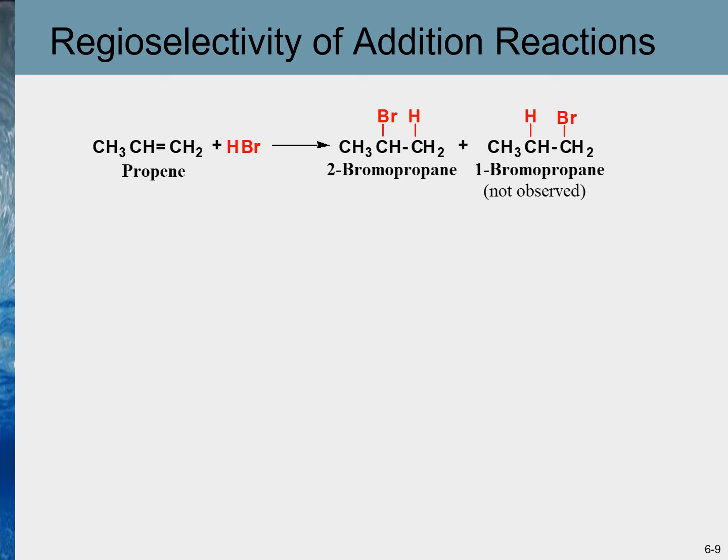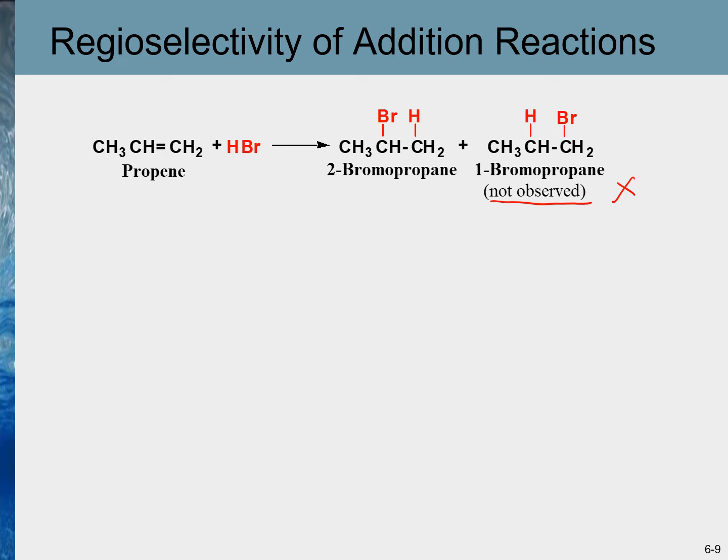So now that we know the stability of carbocations, let's look at the regioselectivity of addition reactions one more time in case of asymmetrical alkene. So this is the first reaction we saw in the addition reactions, and we said that the 1-bromopropane is not observed.